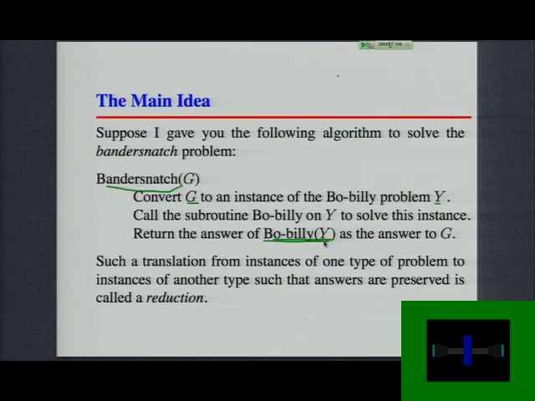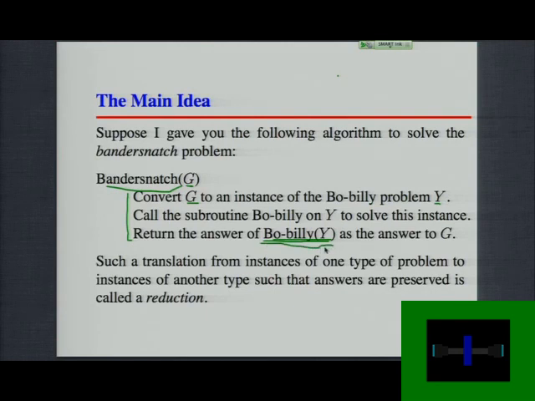This is supposed to be a Bandersnatch algorithm, meaning that it will return the answer to Bandersnatch on any input, including this particular input G. Now, what the algorithm is doing under the hood is really returning the answer of mobility on a translated instance.